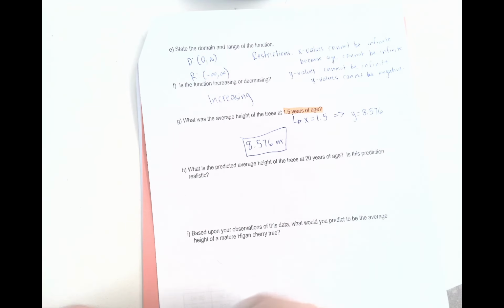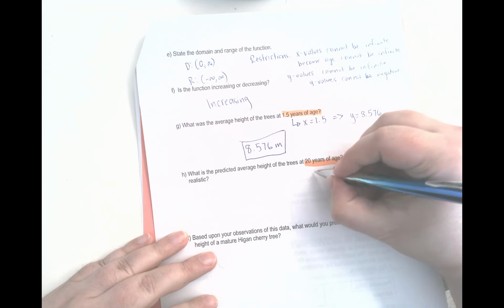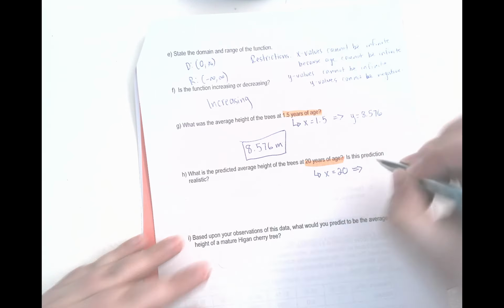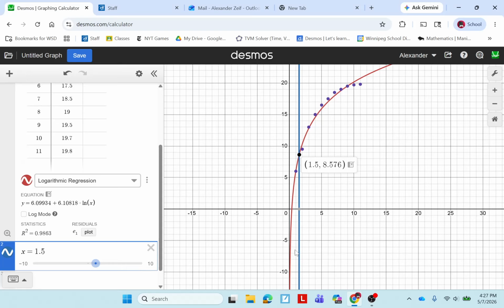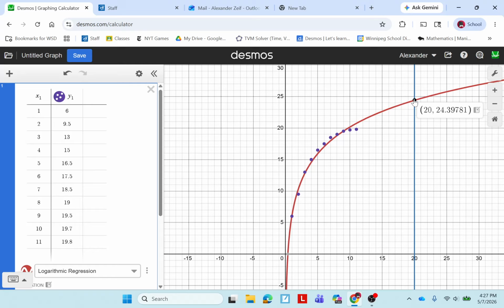Now part H is asking the height of the tree at 20 years of age. So again, we're going to enter x is equal to 20. We're going to find what the y value is there. When we enter x is equal to 20, the intersection point there is 24.39781.